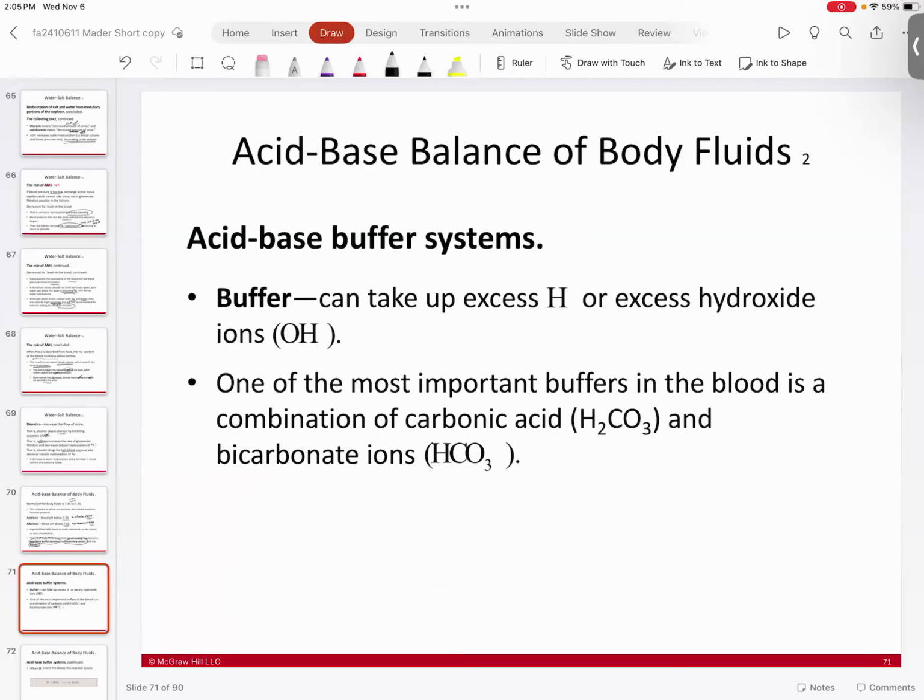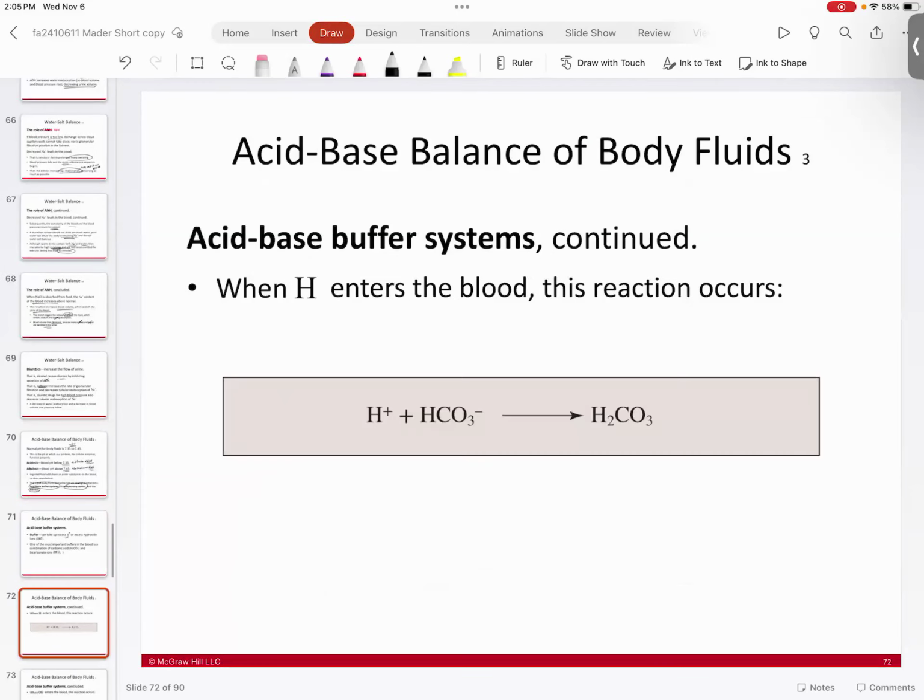So basically when you take a look at the buffer strategy, what the buffer does is it's going to mop up extra hydrogen ion or extra hydroxide ion that happens to be hanging around. And so our buffer system is the carbonate buffer system. We saw that one already, right? So essentially when hydrogen ion enters the bloodstream, it's going to get mopped up by the bicarbonate ion, which is this guy right here.